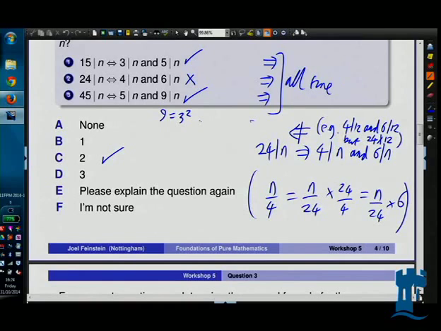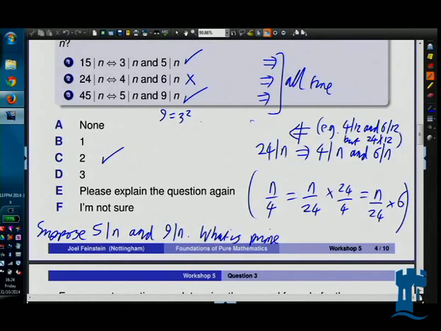Now, suppose 5 divides n and 9 divides n. What does the prime factorisation of n look like? I notice that n is definitely greater or equal to 2, because n's actually got to be at least 9 at this point. So what is the prime factorisation of n?